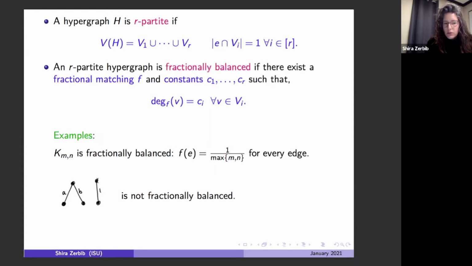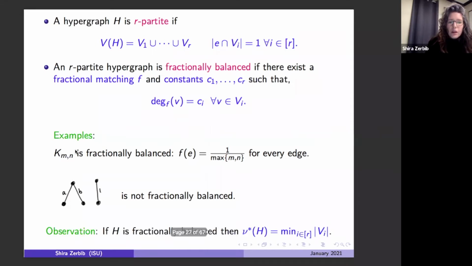The sum of the weights of the edges containing this vertex is 1. So I need a plus b to be 1. But then one of them must be less than 1, so the degree of one of these vertices will not be 1. It won't be the same as the degree of this vertex. So this is not fractionally balanced, but the previous one is. Okay, questions?